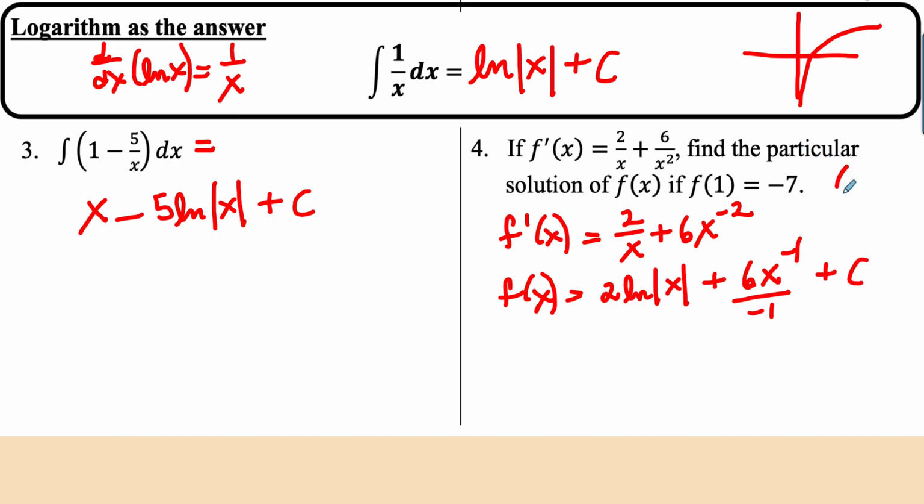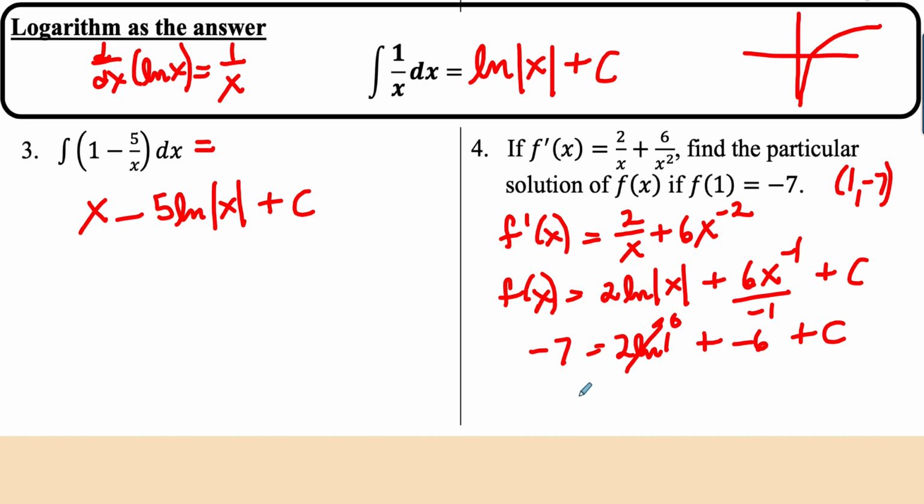Now we know that when x is 1, y is negative 7. So this will be negative 7 equals 2 natural log of 1 plus, this is going to be negative 6, and if I put a 1 in here, that's over 1 plus c. Okay, now we know natural log of 1 is 0, so this is a 0.